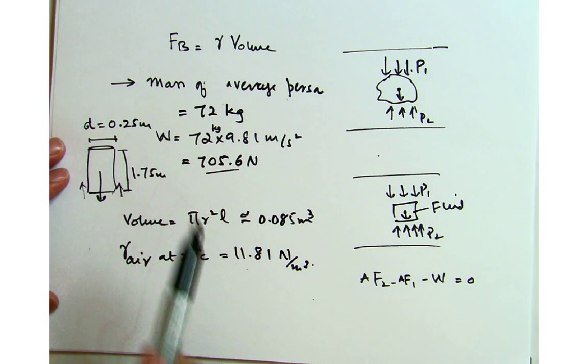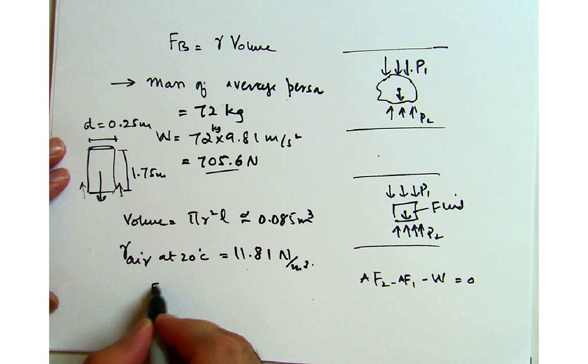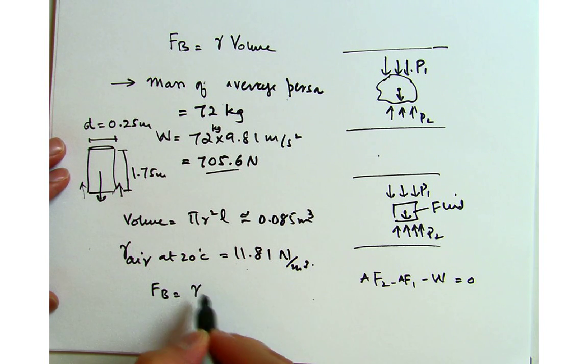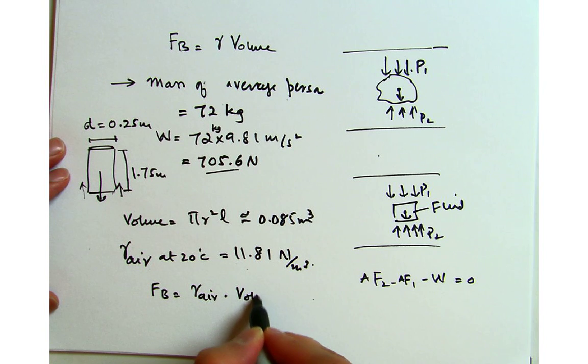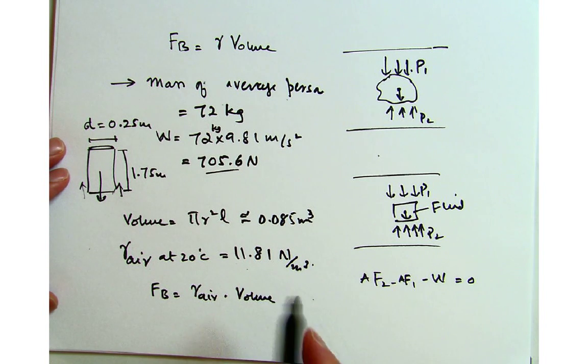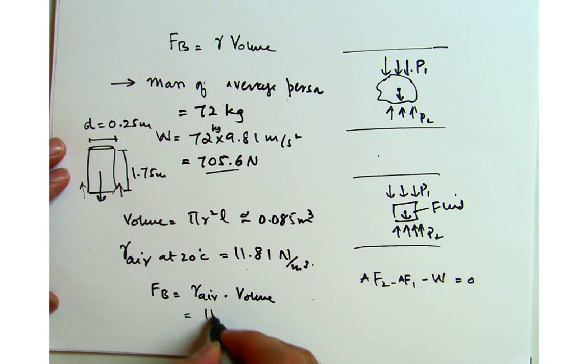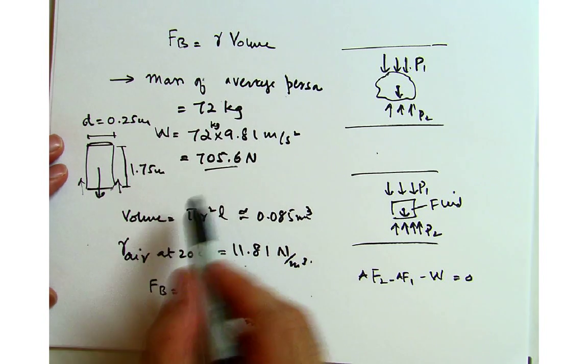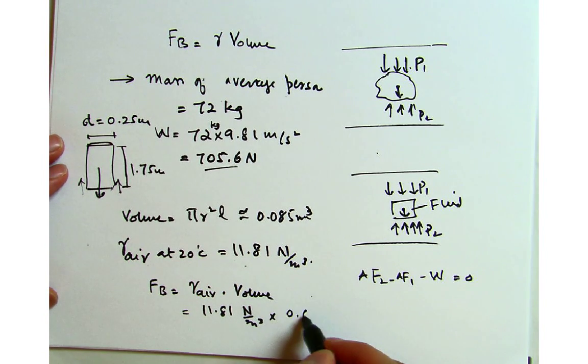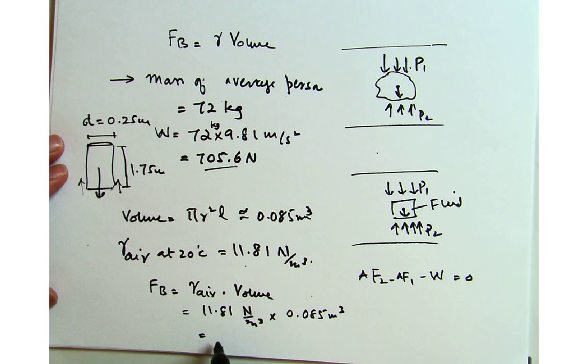That buoyant force will equal gamma of the air times the volume displaced by that object. So I can write this as 11.81 Newton per cubic meter times 0.085 cubic meter, and all of this put together gives approximately 1 Newton.